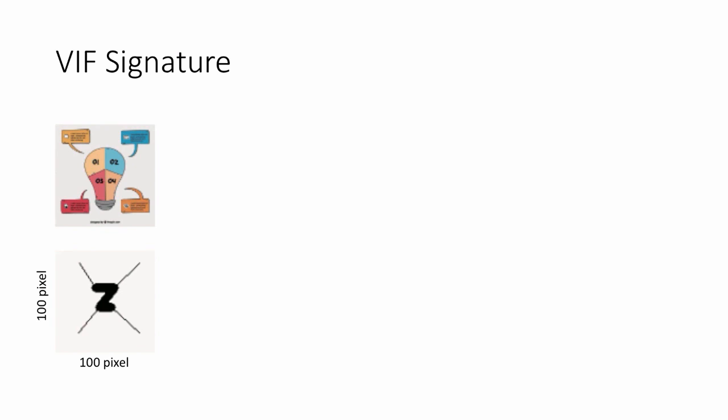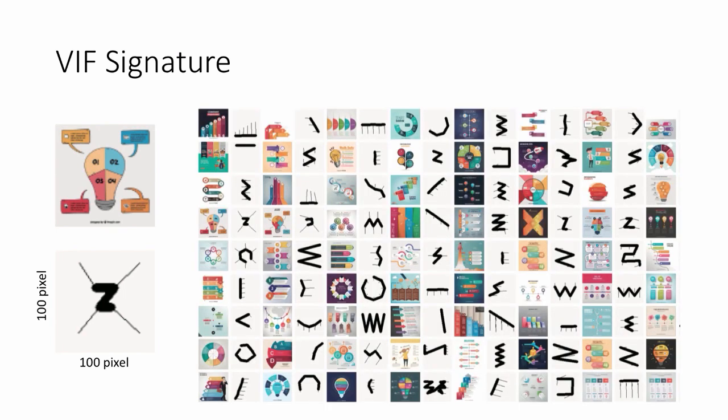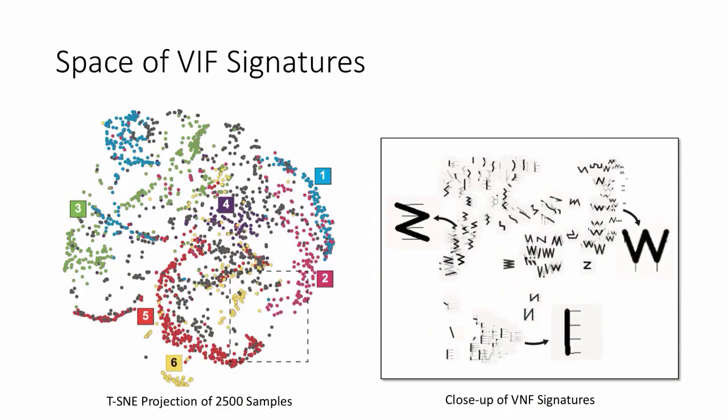So by this transformation, each infographic is transformed to 10,000-dimensional data. Then we apply t-SNE projection to see it in 2D space.